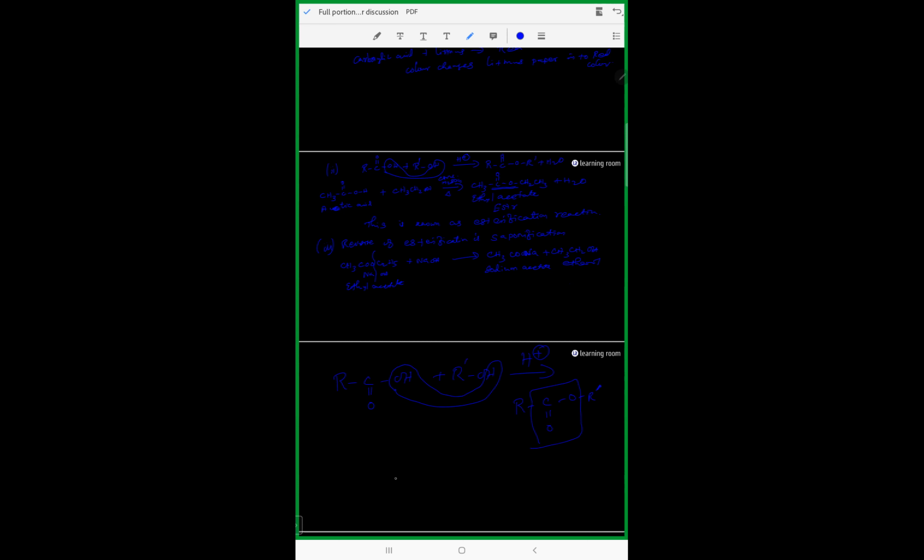So what is the functional group for ester? COO, with some R group here and some R group here. So these are the attached groups, the remaining is the functional group. Is it clear? Ester is formed by treating acid with alcohol. Okay.